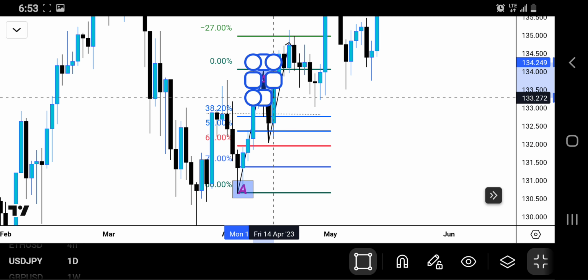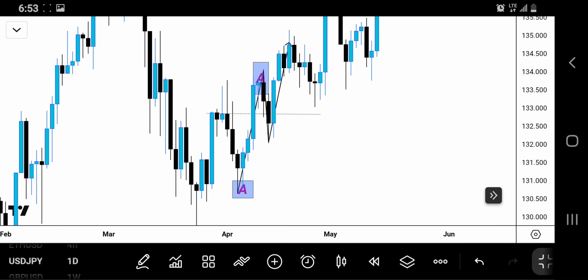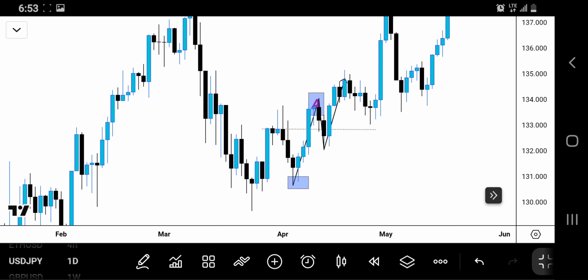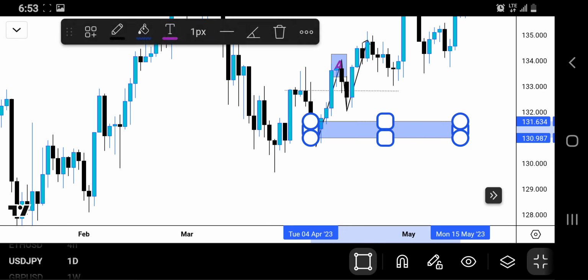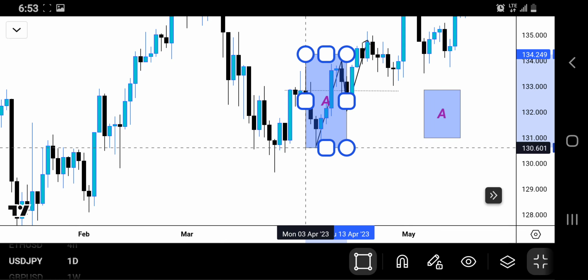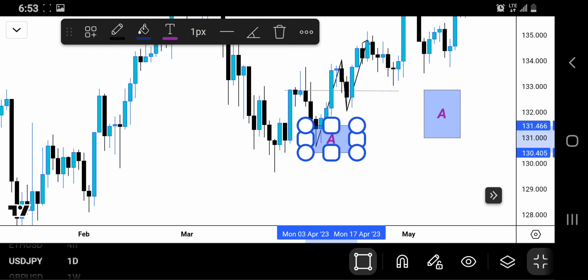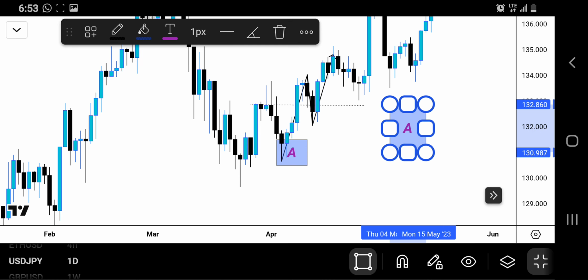Okay, now let me remove this Fibonacci first, and then let the line still be there. Now this is point A. Now down there is point A. Let me change this one.